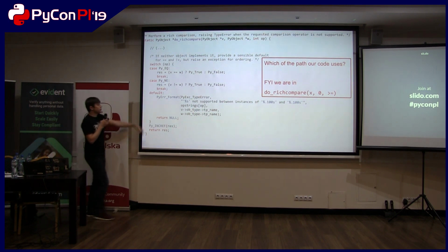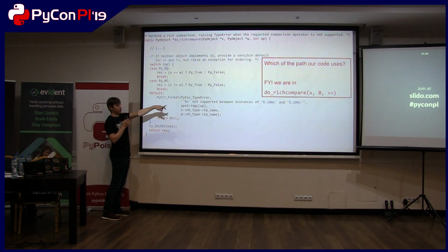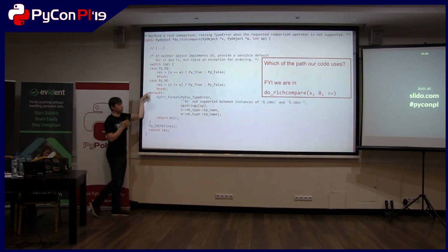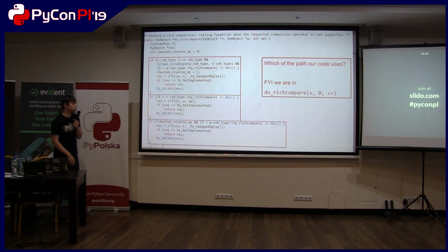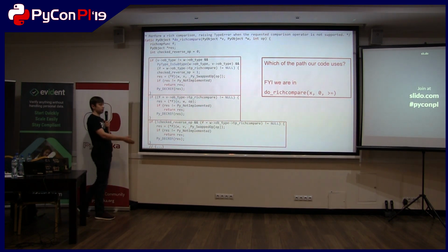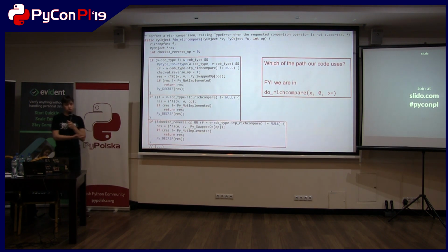So for sure it won't be this part, or it could be this part, based on the x type. It could be this part, because those two cases are not matching. But it could also be one of those things, because the x might have the tp_richcompare, or the 0, the integer, might have the tp_richcompare. That wouldn't return NotImplemented, but even if it would, we would end up here.